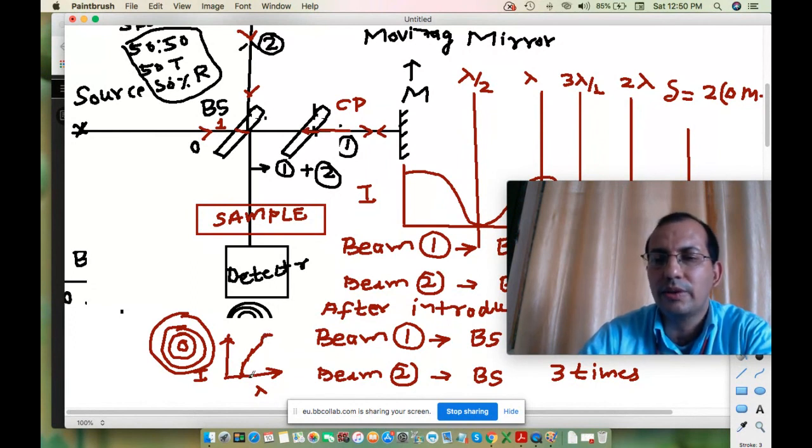So the answer to your question, Divya, is that the detector will detect the interfering intensity of the two beams. Is it clear? Okay, sir. Yes, sir. Thank you, sir. Okay, no problem.